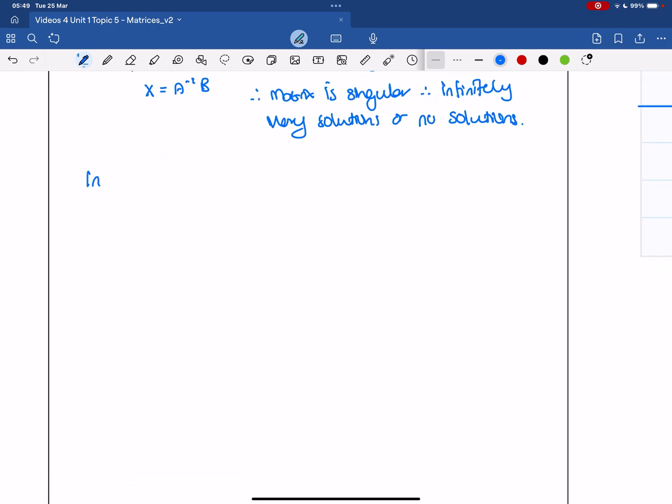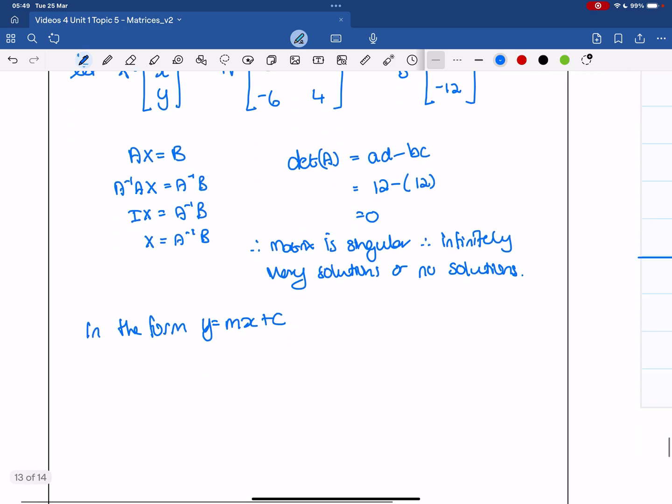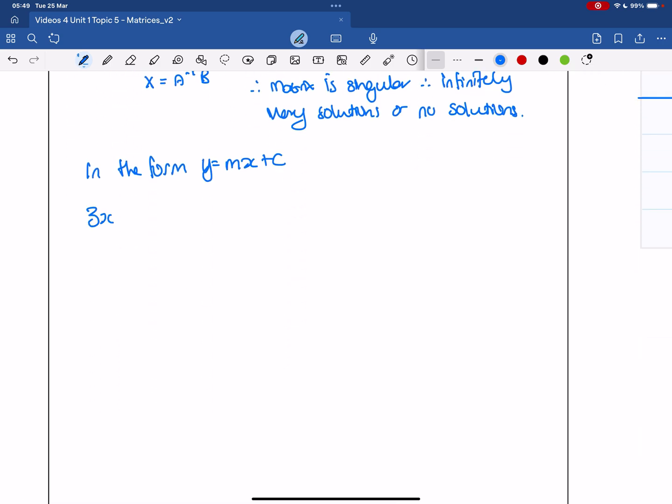All right, so now we're going to check using our gradient intercept form what these lines look like. In the form y equals mx plus c, which is our gradient intercept, we have 3x minus 2y is equal to 6. Negative 2y is negative 3x plus 6. And y will be 3 on 2 x minus 3.